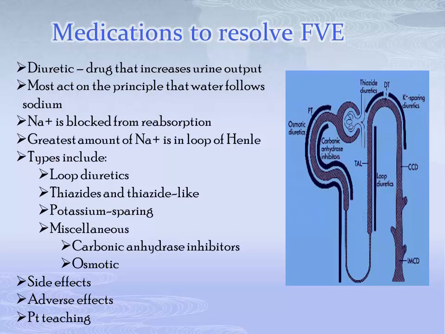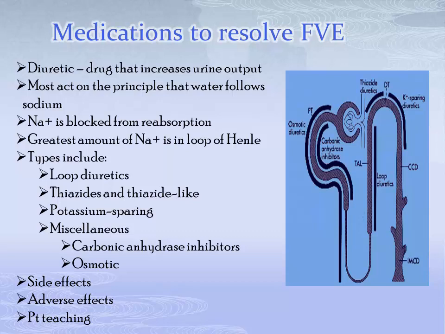So loop diuretics are like Lasix, and they work very quickly and are very effective. And the nice thing about Lasix is that it works even if we don't have good renal perfusion. So we can still get that fluid off even though the kidneys may not be functioning as well.